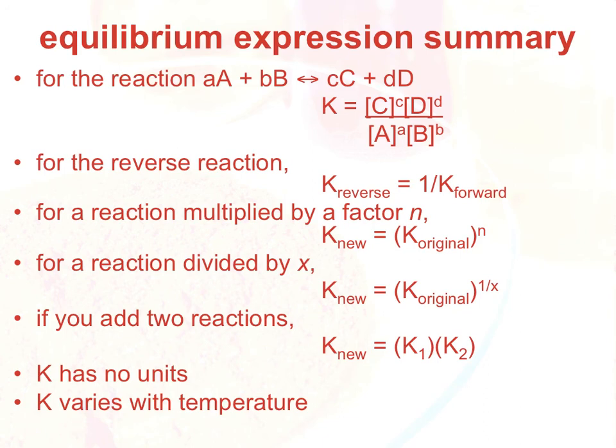Okay, if I've divided through, I raise that original equilibrium constant to 1 divided by whatever I divided by. Okay, and if I add two reactions, basically I take the K values for each of the steps that are used to produce the overall new equation, and that will give me the equilibrium constant for the new equation.